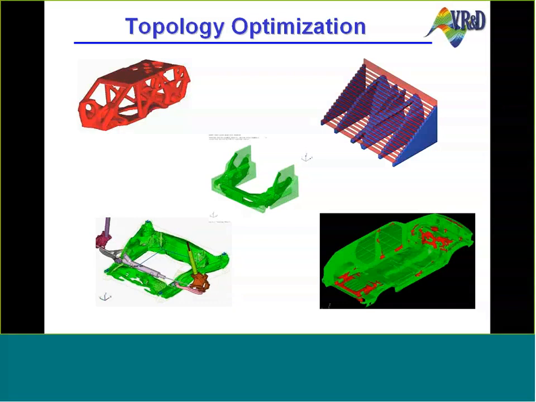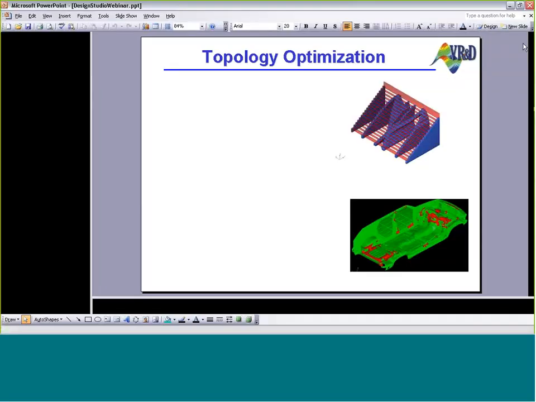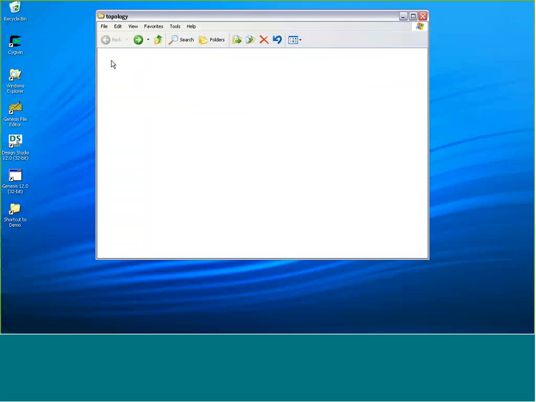And the objective could be to make a stiff structure, or it could be to, say, maximize some natural frequency. But we have to define some objective, and we want to find what fraction of elements and where in that design space to put those elements to optimize our objective. So at this point, I would like to break out of the PowerPoint and go into Design Studio.